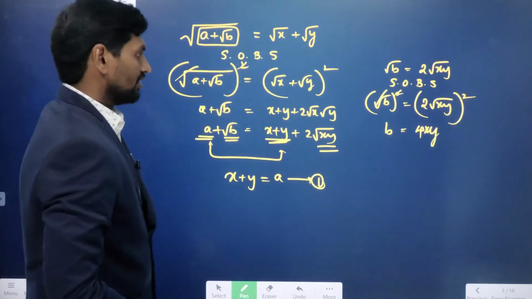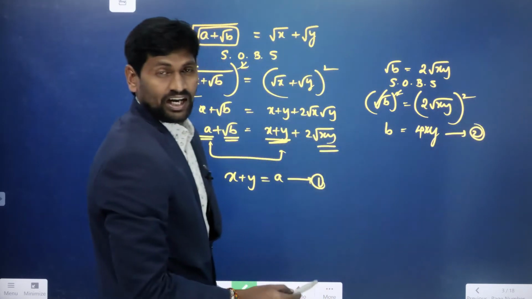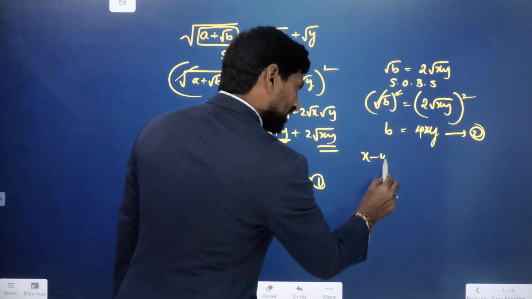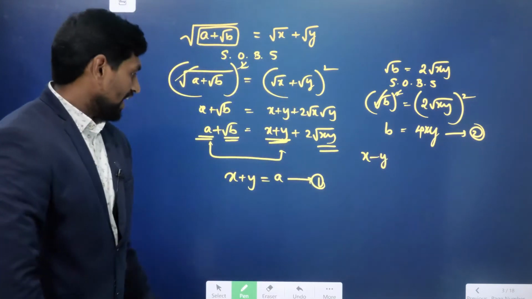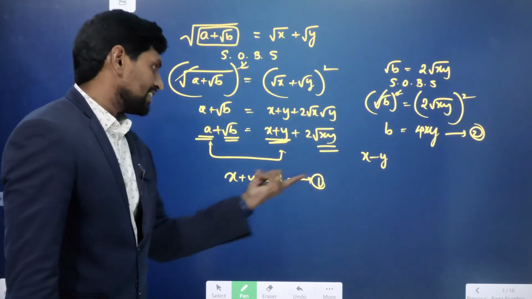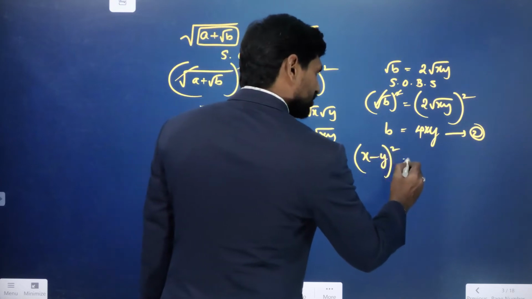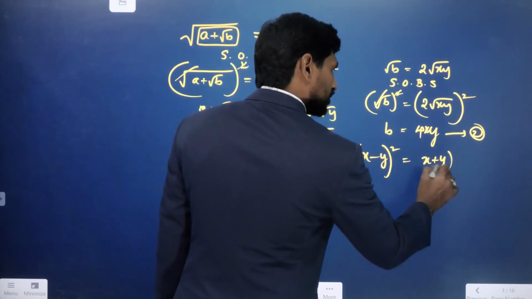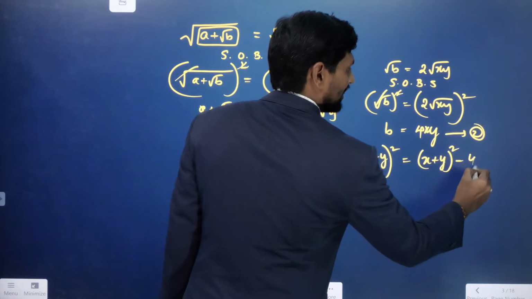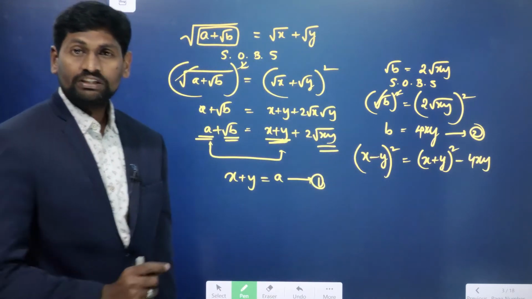Now let us take equation 1. I am taking the x minus y value, because I know the x plus y value and we need to find the x and y values. So, like a minus b whole square equals a plus b whole square minus 4ab, we can use this formula, one of the algebraic identities.